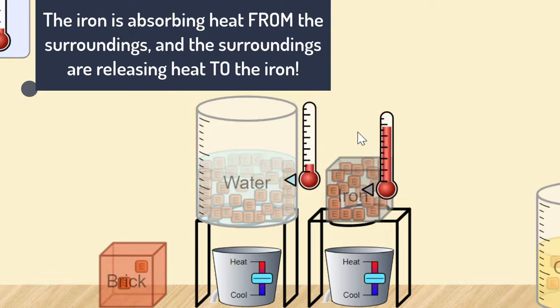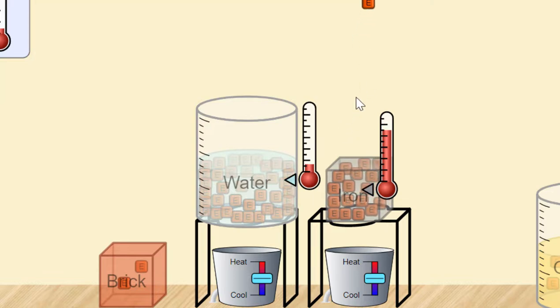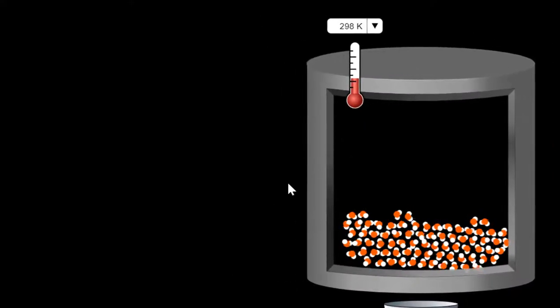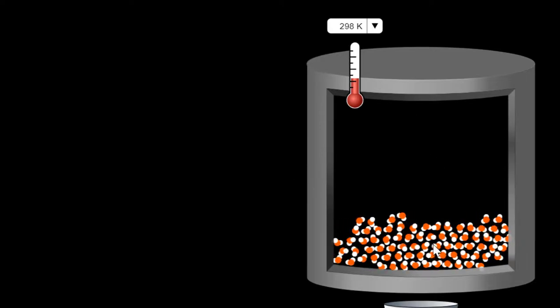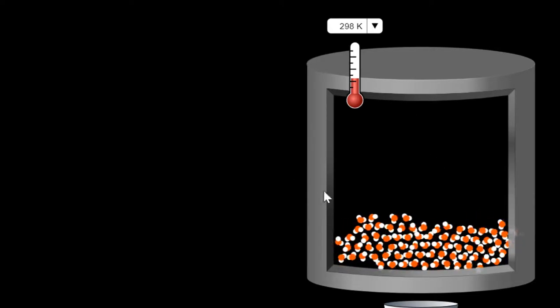Now the iron, you can see some of those heat waves are coming off, and the iron is losing heat to the surroundings, and the surroundings are gaining heat. So anytime you're thinking about this heat exchange, you want to think about it in terms of endothermic and exothermic.